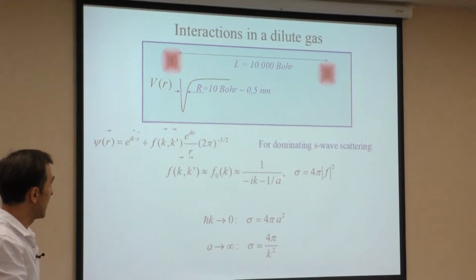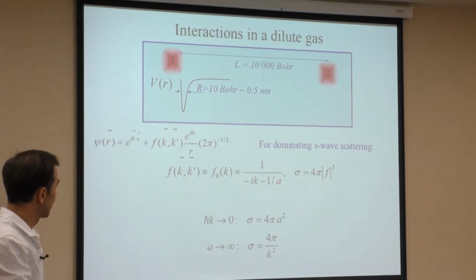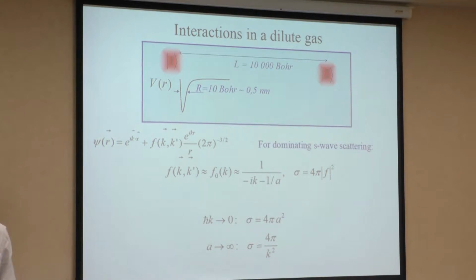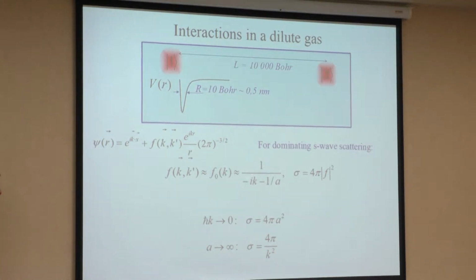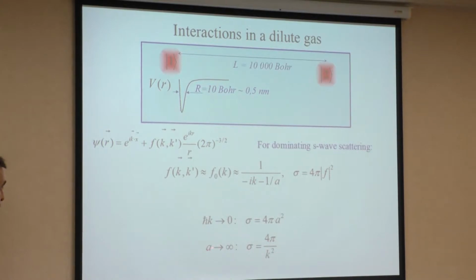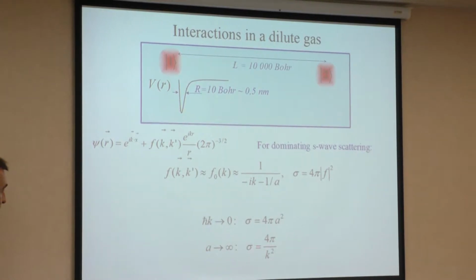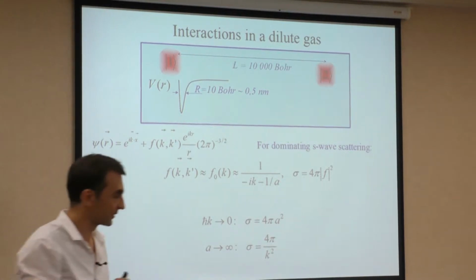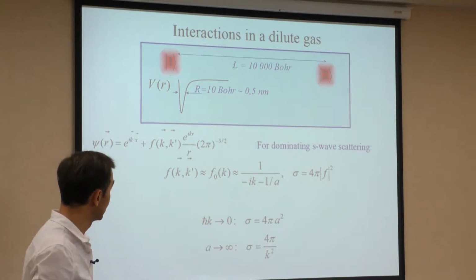In the case of A equals infinity, the scattering amplitude is not defined by the scattering length anymore. It depends on the momentum. So for the infinite scattering length, the scattering amplitude is just 4 pi over the momentum squared. This will be important. This will be the limit of strong interactions.